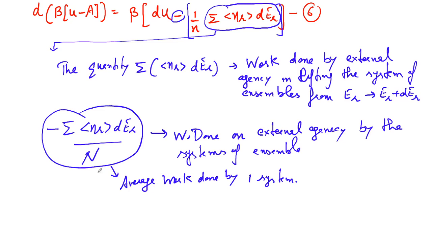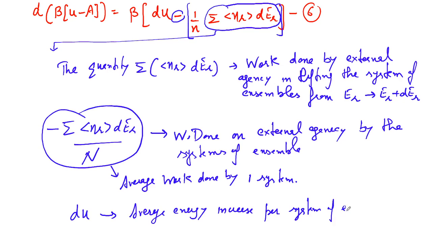And dU represents the average energy increase per system of the ensemble. So this whole bracketed term represents the average amount of heat transferred from the heat reservoir into the ensemble.